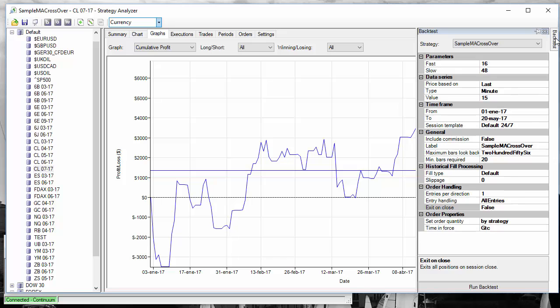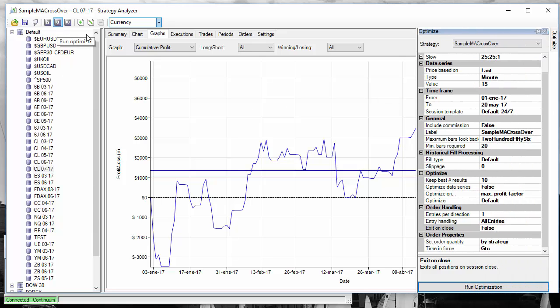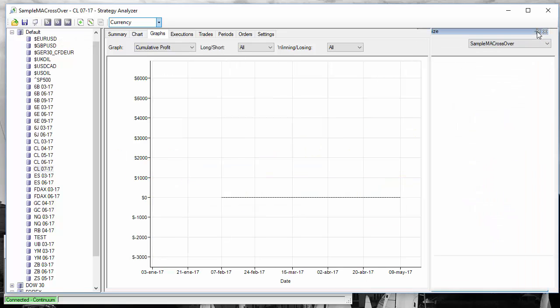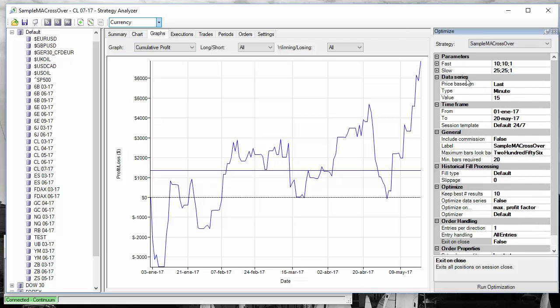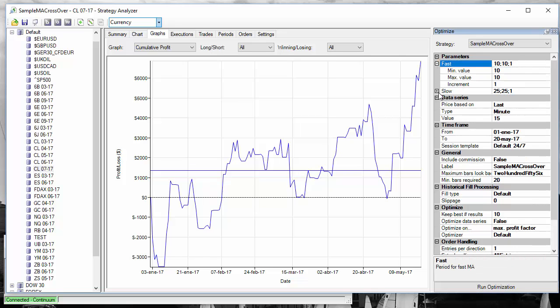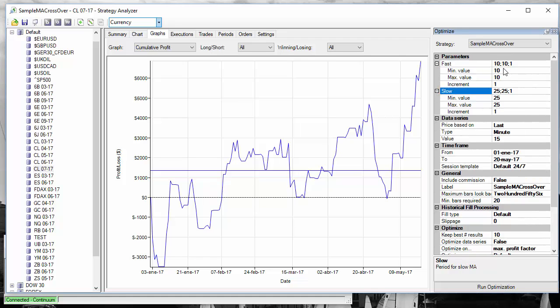If we want to optimize the settings, we can use the optimize button. And now on the input parameters, we get 3 values for each. We have the starting point for the fast moving average.